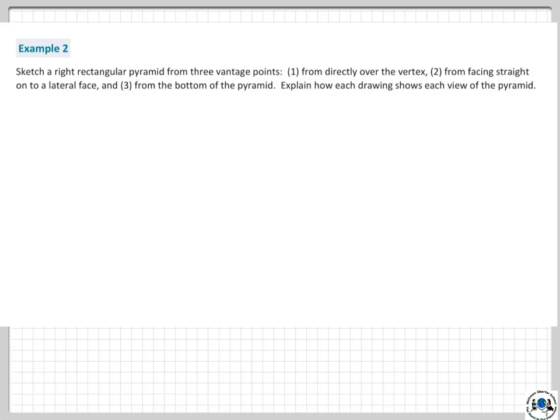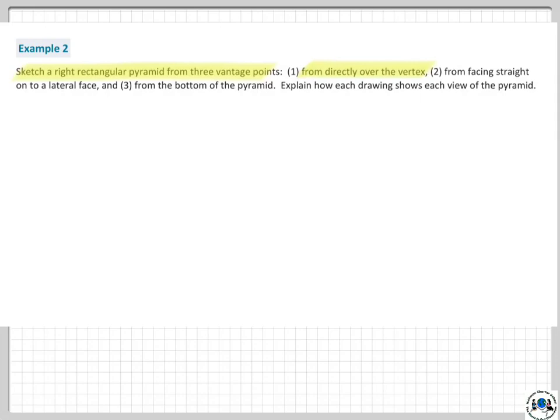So firstly, example 2: you're going to sketch a right rectangular pyramid from 3 vantage points. First, from directly up over the vertex. What would it look like directly over the vertex? Think about that and go ahead and create something that you think.